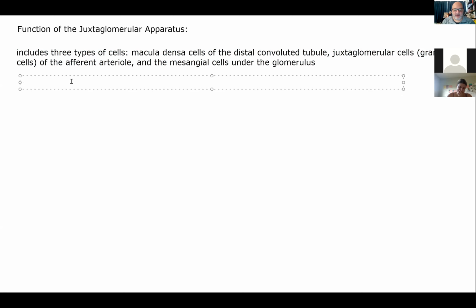In this case, our goal is to regulate the flow of the blood and the surface area, right? Basically, how much blood is in contact with that filtration membrane.